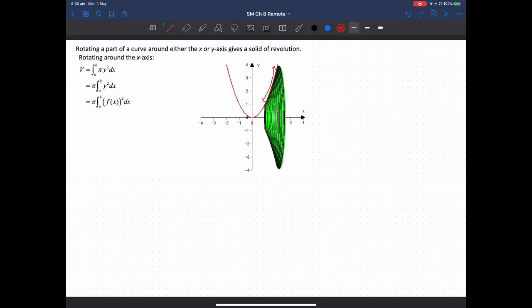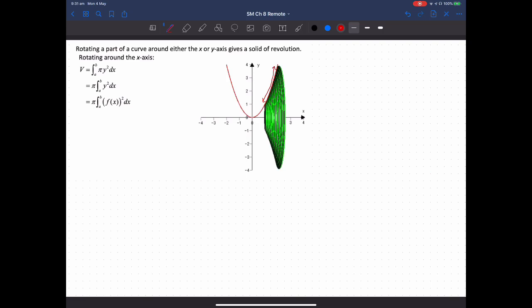What we get is a three-dimensional shape. This three-dimensional shape is a solid of revolution. This particular one has been found by rotating around the x-axis.